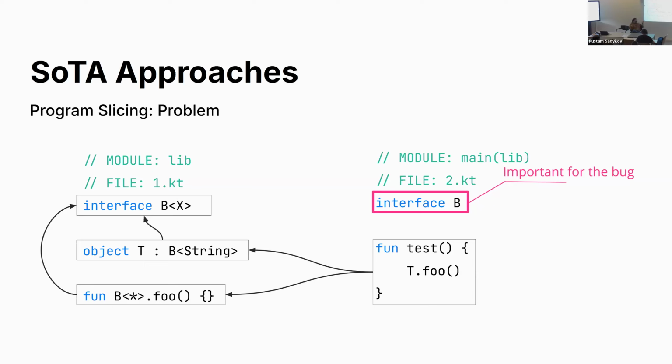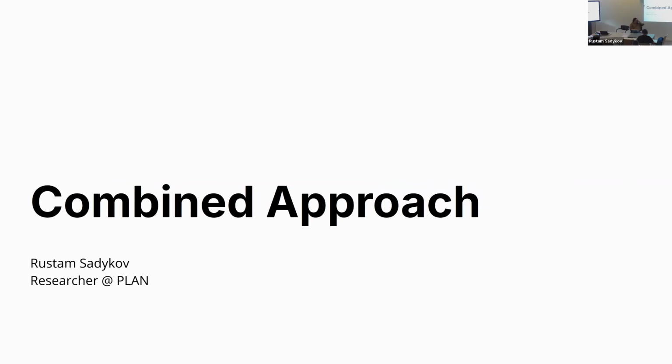So the program slicing will just delete it, and as a result, we will receive incorrect code for minimization, because it has a difference here.